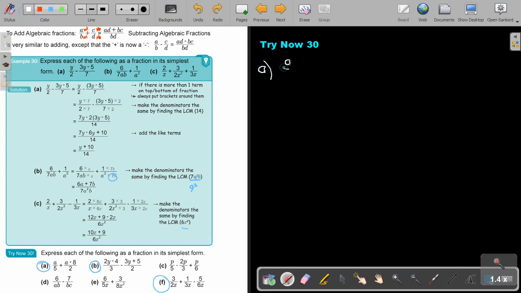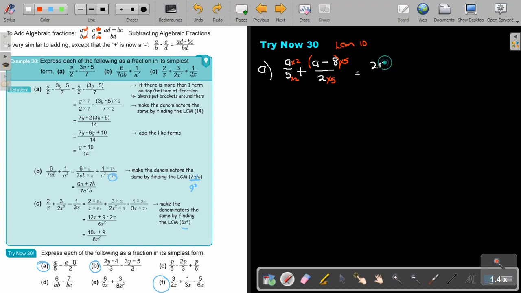So this is going to be a over 5 plus a minus 8 over 2. So what will be my LCM? My LCM will be 10. 10 divided by 5, so I multiply 2, multiply 2. 10 divided by 2, I multiply 5. Always put brackets if there are 2 terms on top or at the bottom. So I multiply 5. And what will I get?